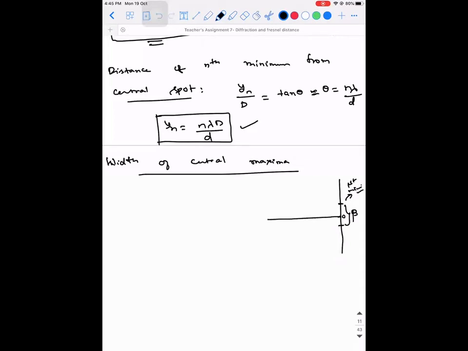So if this is O, and I take this as theta, then guys tell me what will be the value of y? That is the distance from the center to the first minimum. How much is this?